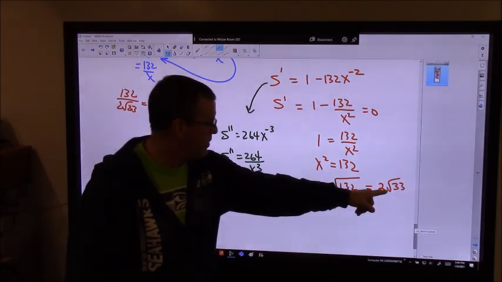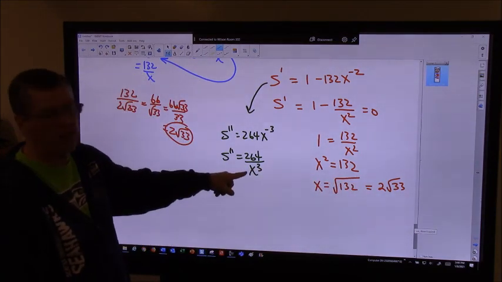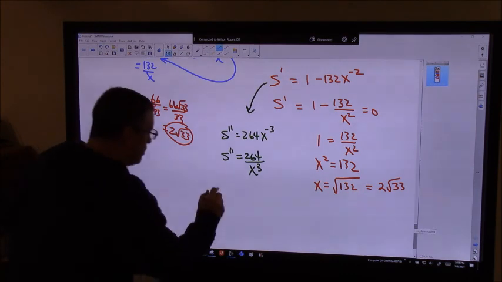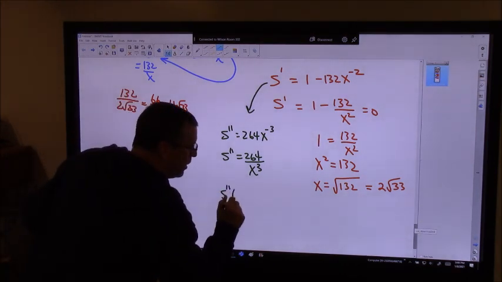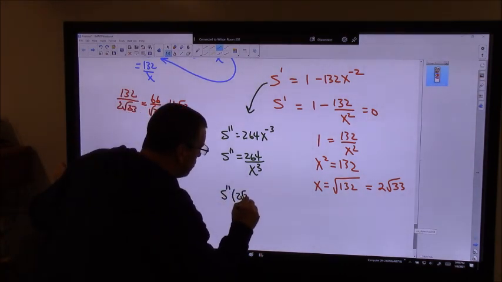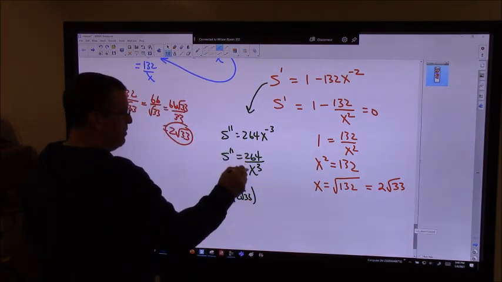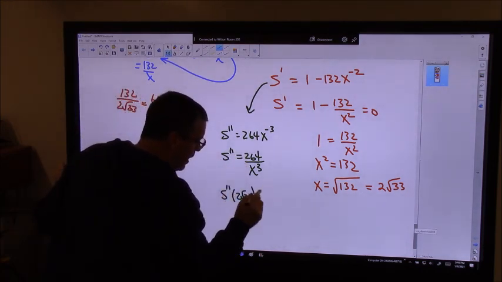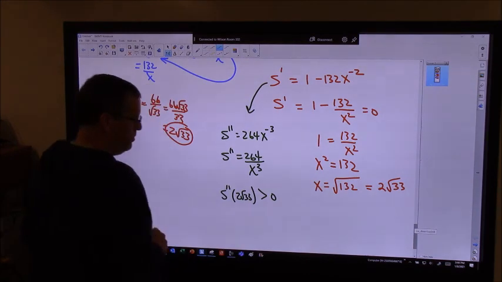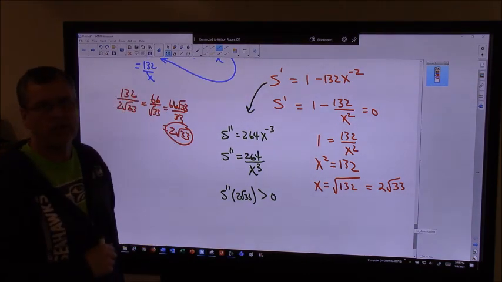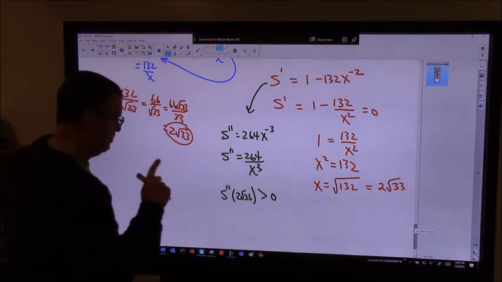If I take that number, which is a positive number, and I plug it into this, we're saying s double prime of 2 root 33. It's a positive divided by a positive, which is positive, so it's got to be greater than 0. So therefore we are concave up, right?